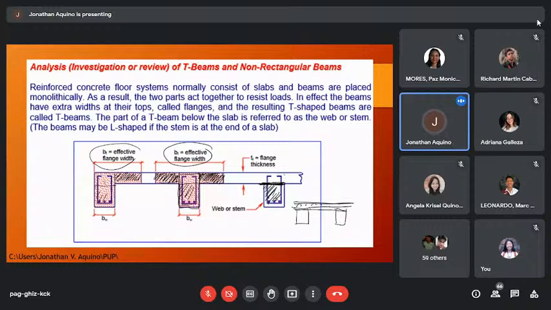So 2 bags. So ibig sabihin kailangan maghalo ng 60 times. So kung maghalo ka ng 60 times, isang halo mo is 10 minutes. So meron kang 600 minutes, o meron kang 10 hours para haluin mo yung 16 cubic. Assuming 10 minutes, napakabilis maghalo nun.